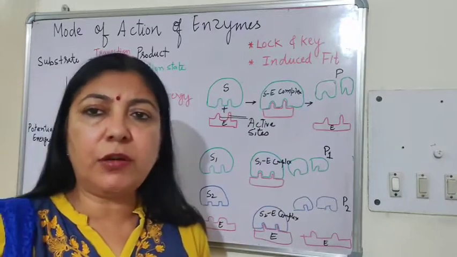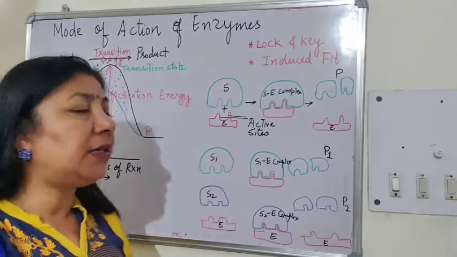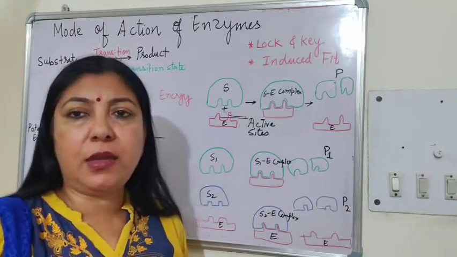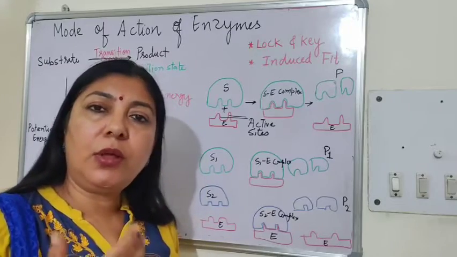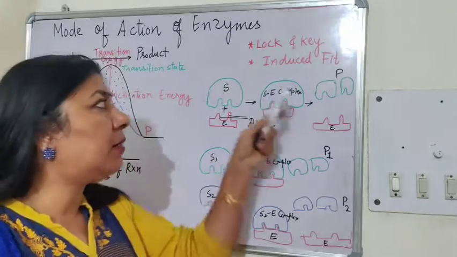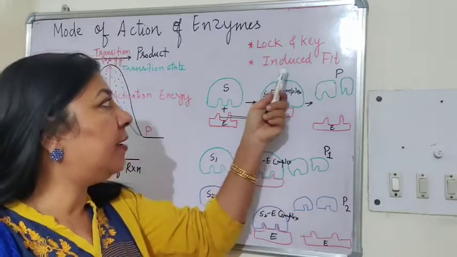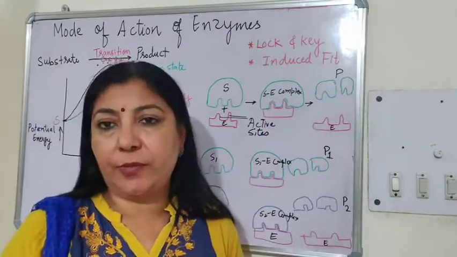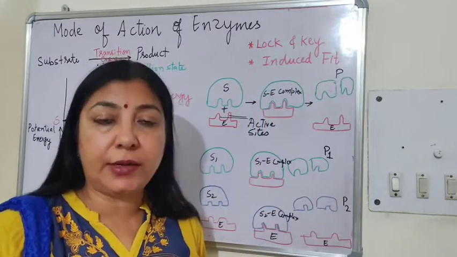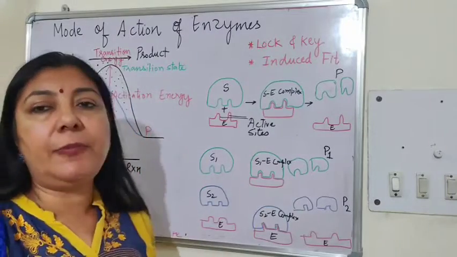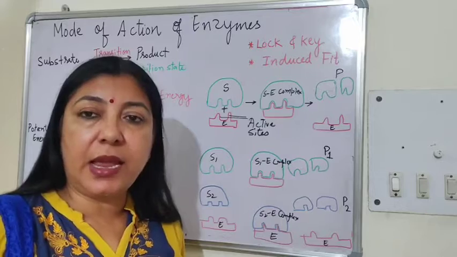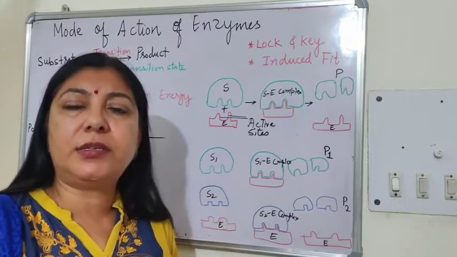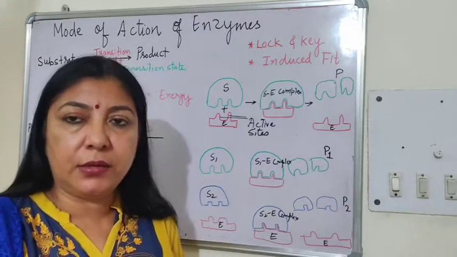It has been observed that these active sites are not fixed as mentioned by the lock and key hypothesis. So this hypothesis has now been modified and it is called the induced fit theory, which was given by Koshland. According to him, the active sites are present in the enzymes, but they are not rigid. In fact, they are flexible.